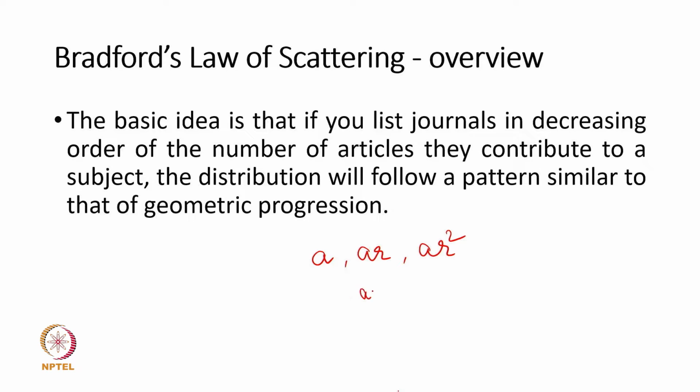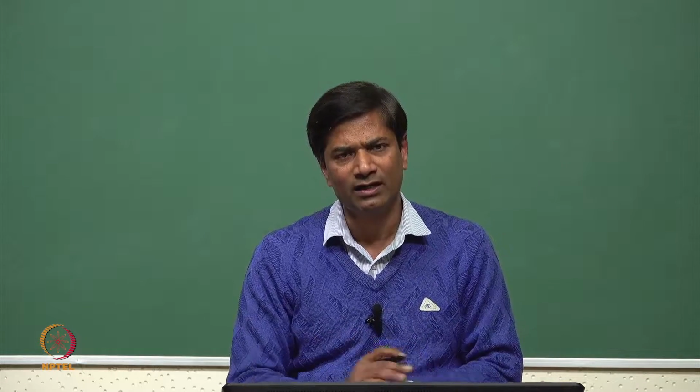Then AR divided by A is equal to R, and AR squared divided by AR is equal to R. That means the ratio of the succeeding term and the preceding term is always constant. So this type of progression is followed in the case of journals also, if we arrange them in decreasing order of the number of articles they contain.